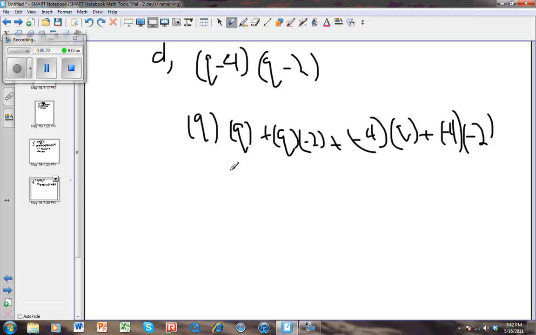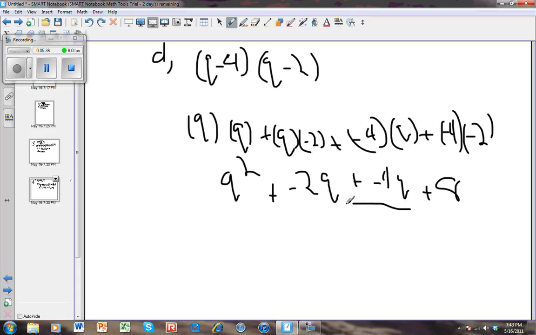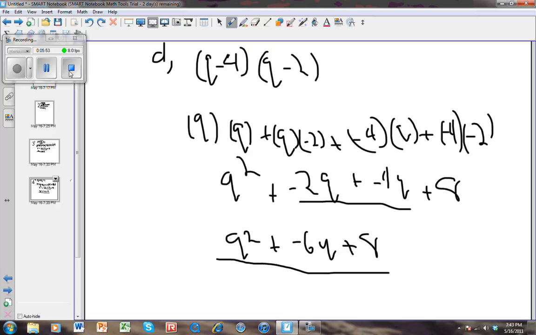All right, so this is simplified to q squared plus negative 2q plus negative 4q plus positive 8. Then we simplify like we've been doing, which becomes q squared plus negative 6q plus 8. That was the fastest one yet. Done. I just want to point out that this question is the exact same as C, so I don't know what our textbook's doing.